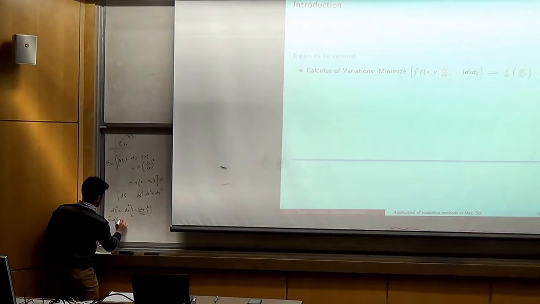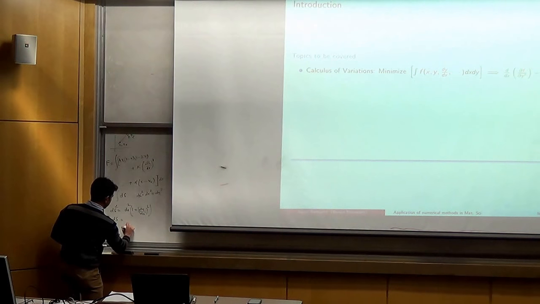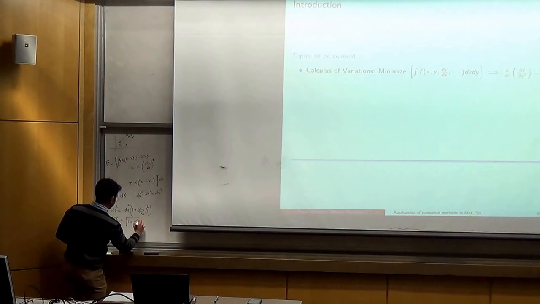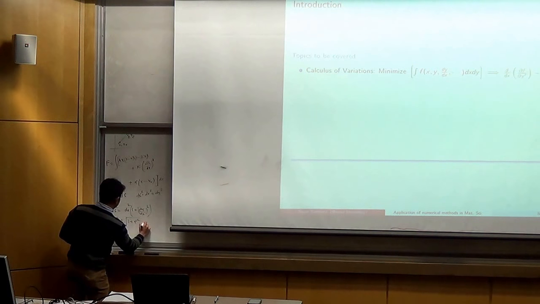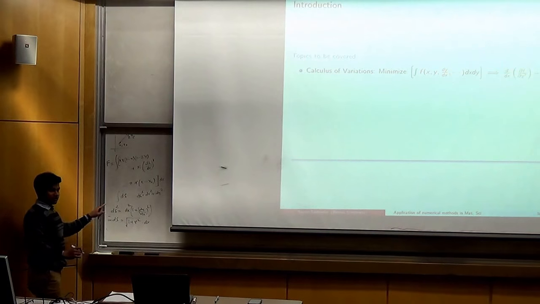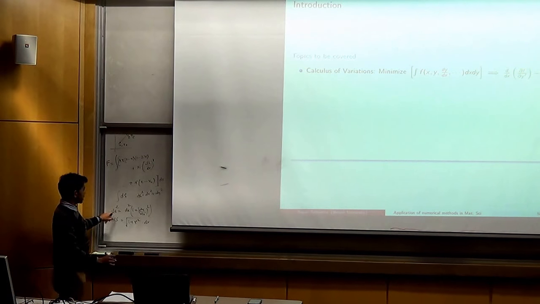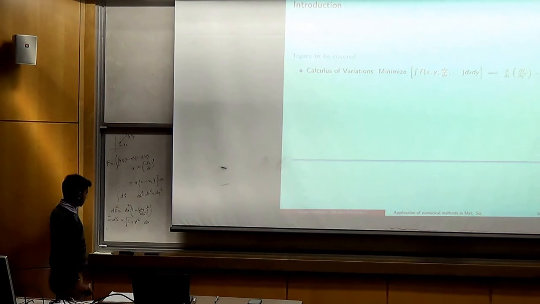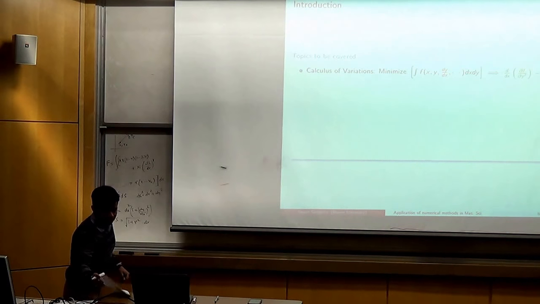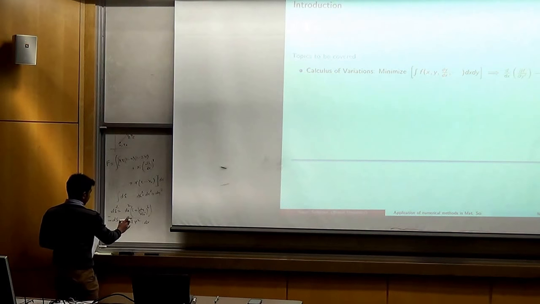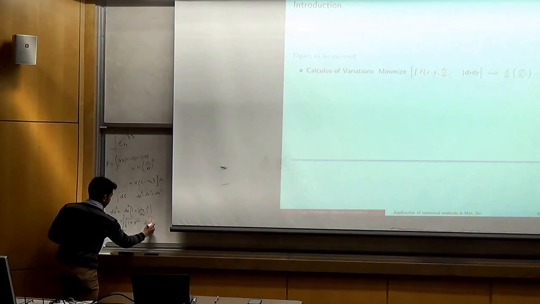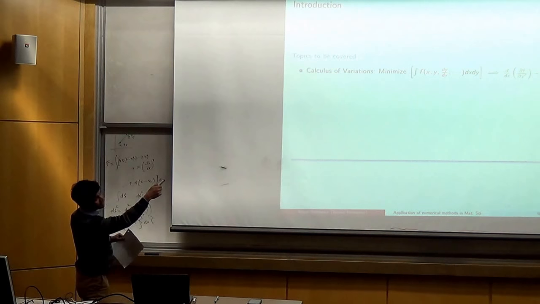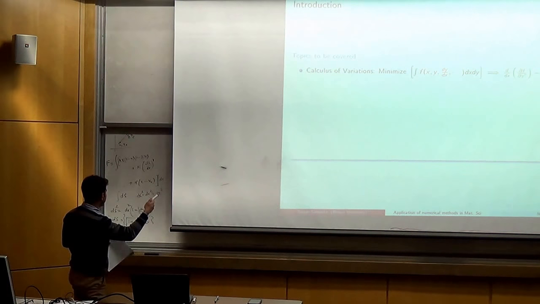Therefore ds would be square root of 1 plus y dash square dx. This is good. Now, is everyone clear on this bit? Cool. So this is the functional. This is basically f over here, which we have to minimize.